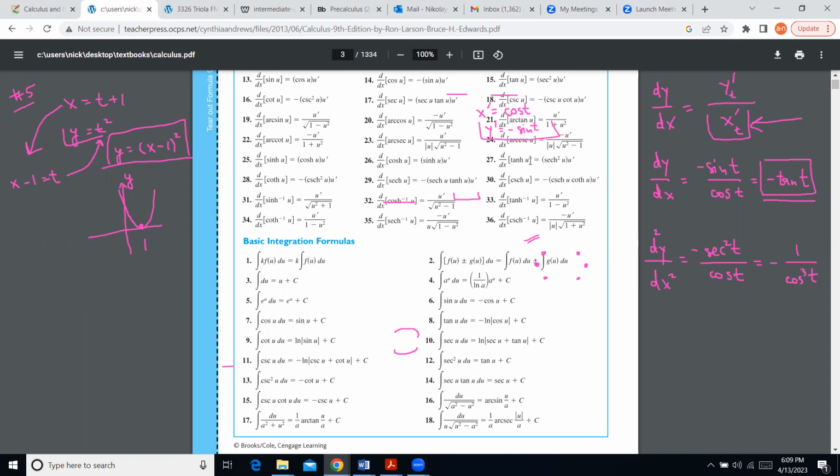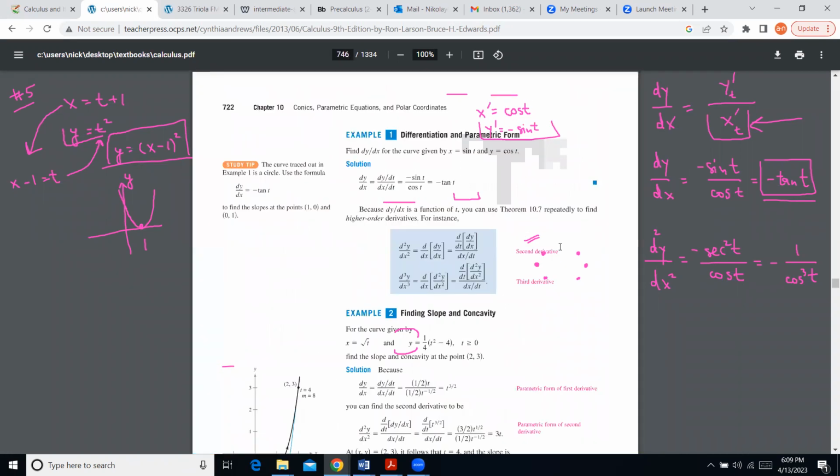Tangent. Here, 15, right? Secant squared. 15. So the point is, we have a nice reference page, so you don't need to worry. It takes no time to double check to make sure that you're doing it correctly.